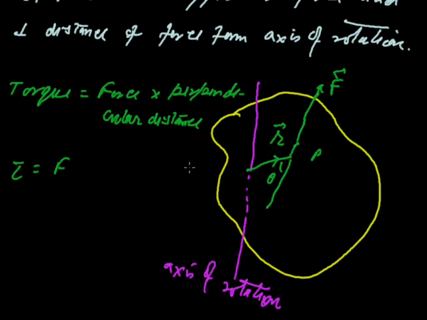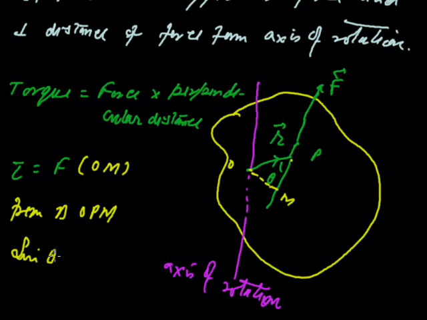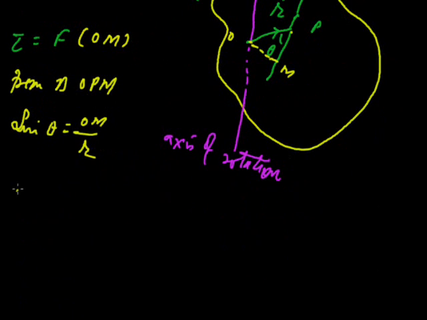This distance, suppose M, this is OM. We can easily find the value of OM from triangle OPM. From triangle OPM, sin theta is OM divided by r, or we can write that OM will be r sin theta.